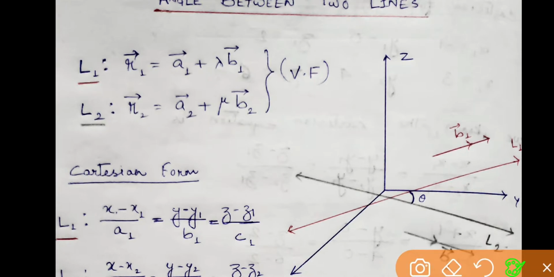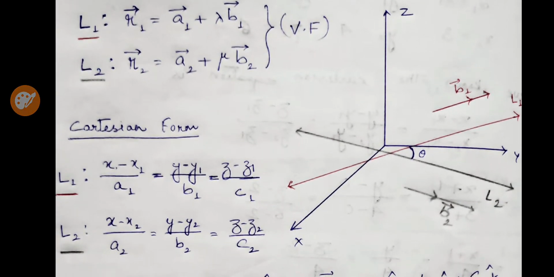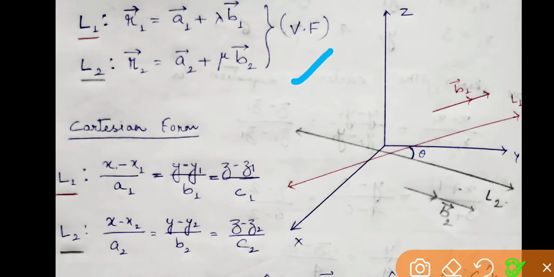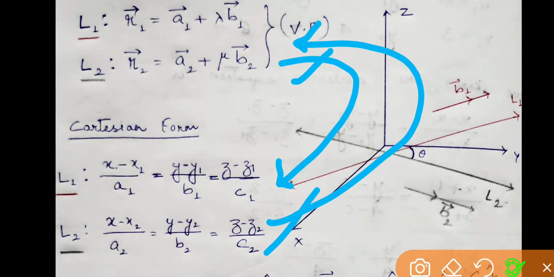Now you should very well know how to write lines in the vector form as well as the Cartesian form. From vector form you should be able to come to Cartesian form, and from Cartesian form you should be able to go to vector form. This is very important.